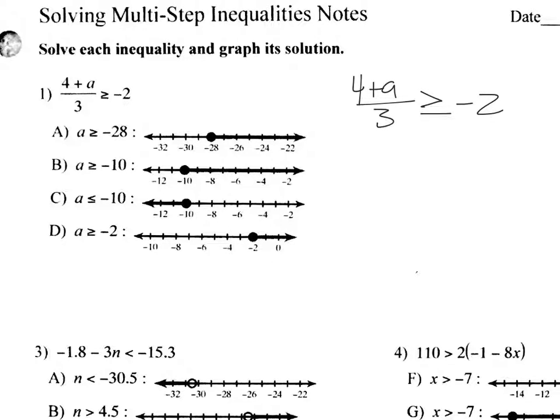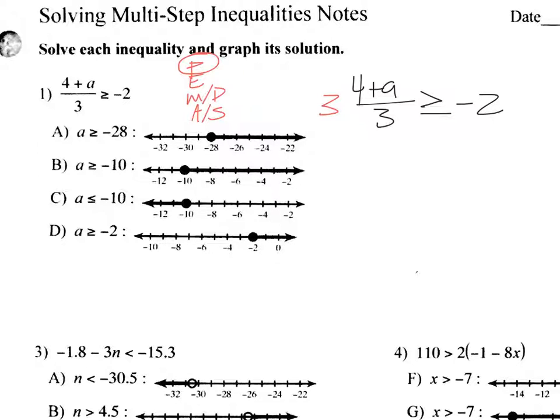Now remember, the fraction bar is like a grouping symbol. So remember, when we're solving, we do reverse order of PEMDAS, which means all grouping symbols, parentheses, or in this case a fraction bar, are done last. So the first thing I need to do is get rid of the 3.